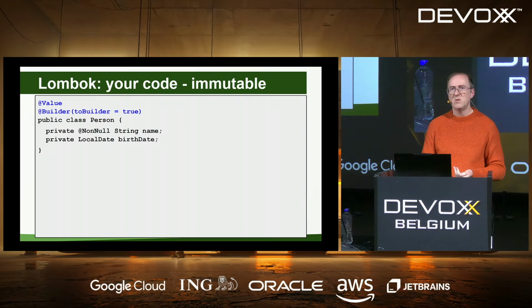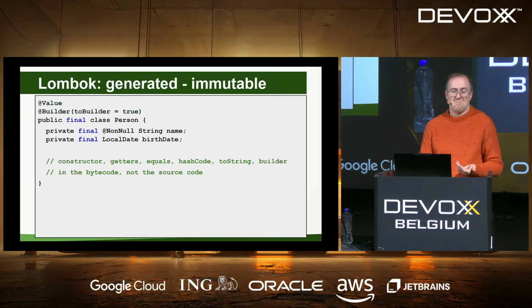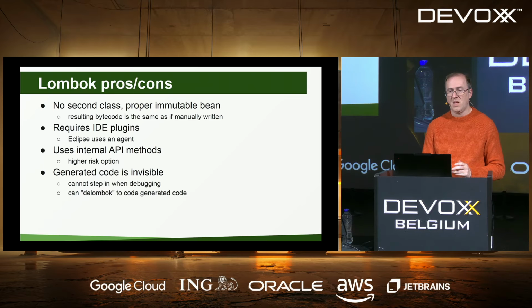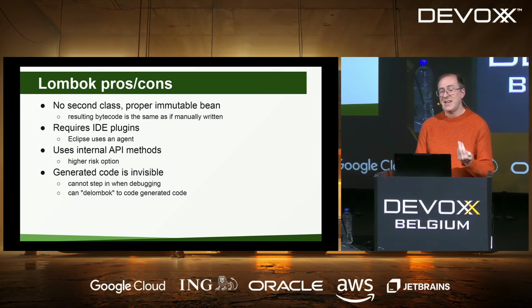If you want it to be immutable, you're probably going to have to add on @Value, @Builder. Again, it does what you'd expect it to do. Lots of options. I'm not going to go into all of those in great detail. Again, the advantage here is there's no second class. It is a proper immutable bean. It's just the one class. You've got your IDE plugins, but the generated code is a bit invisible.